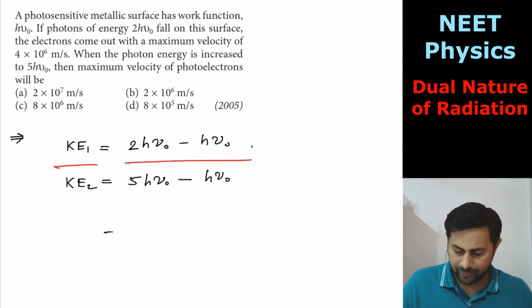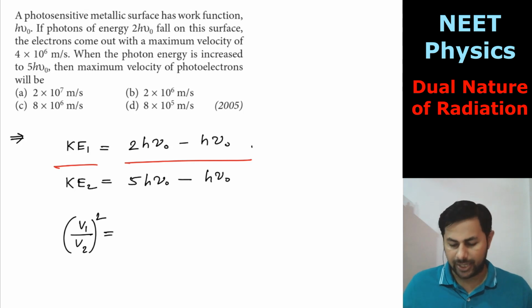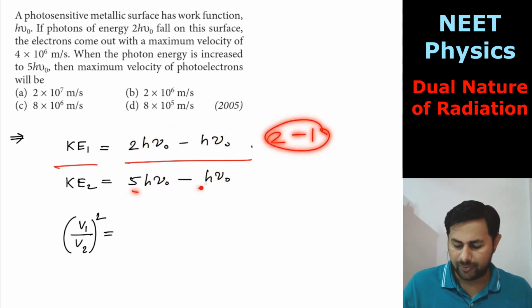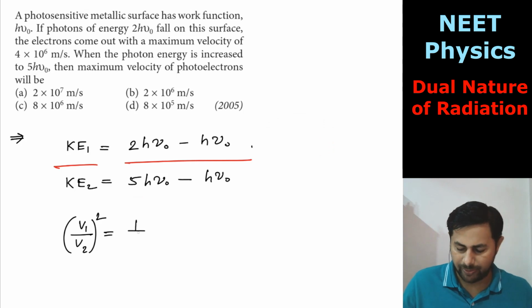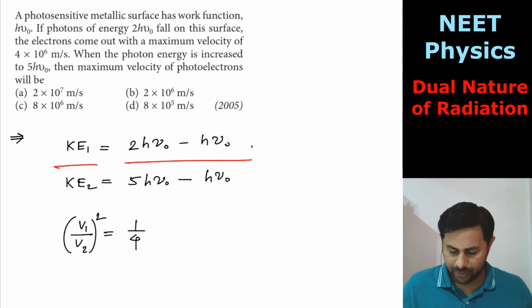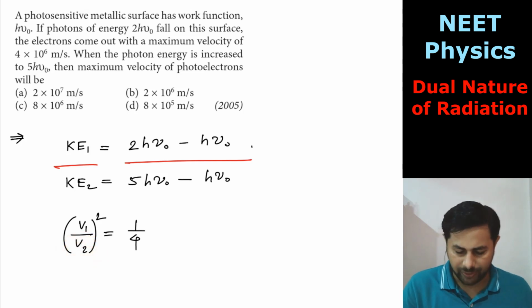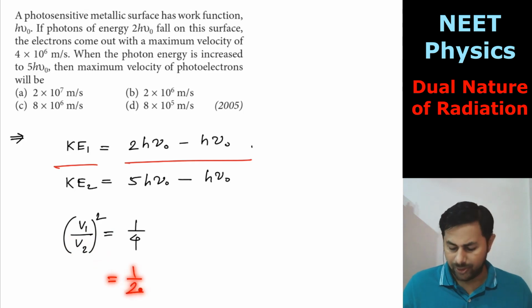So what do we get? On the left hand side you will have v1 by v2 square, and on the right hand side, h nu naught gets cancelled out, and this is 2 minus 1, so that's 1. 5 minus 1 is 4, so this is 1 by 4. That's it. Take the square root of this and v1 by v2 is 1 by 2.